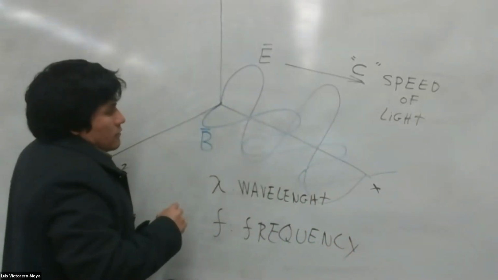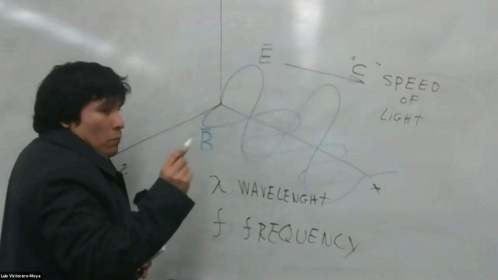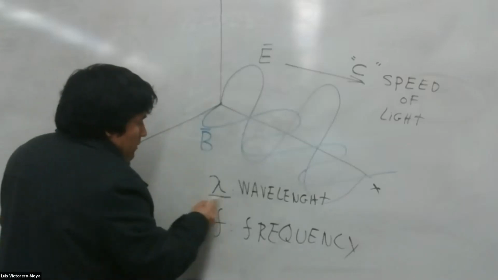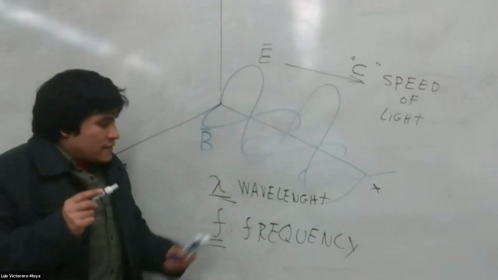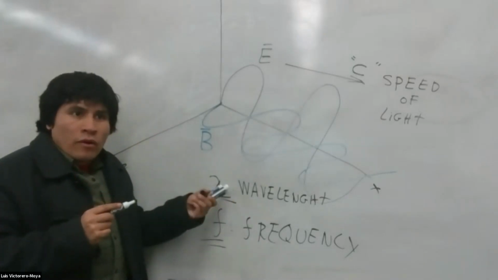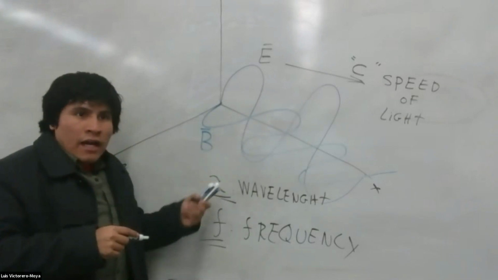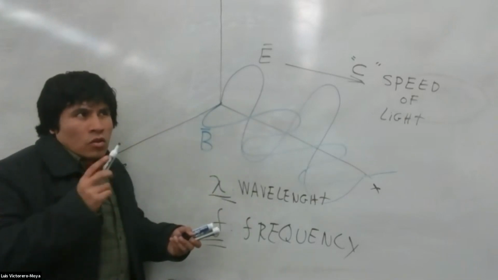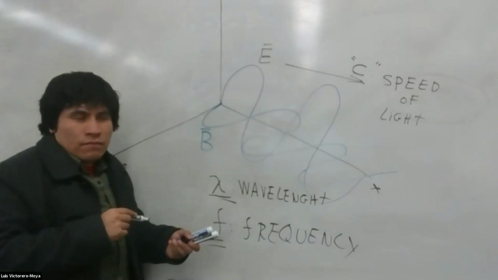So visible light, any component can be characterized by this. What we know is that blue has a higher frequency and a lower wavelength. Red has a lower frequency and a higher wavelength. It goes from 400 to 700 nanometers.